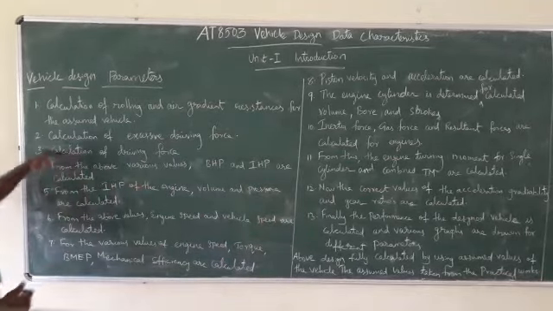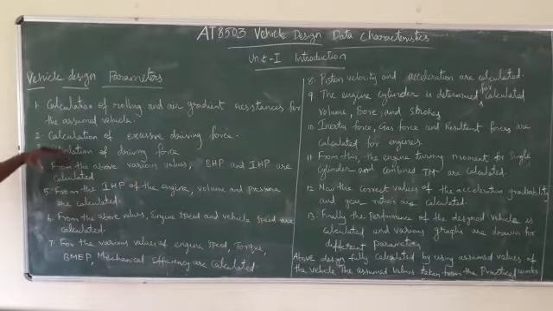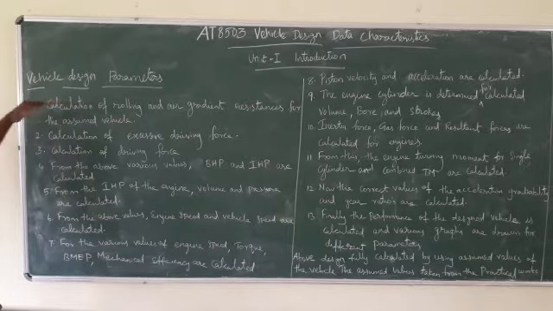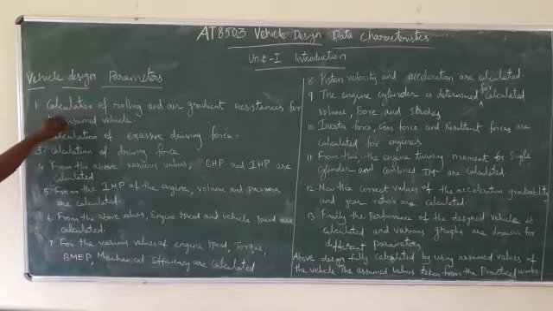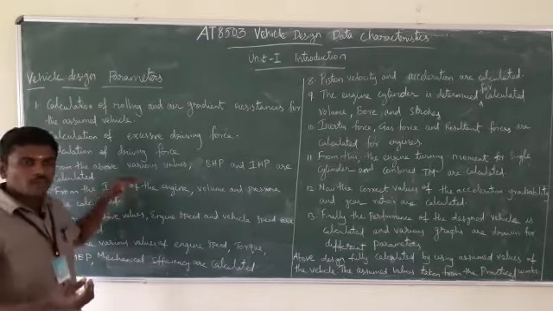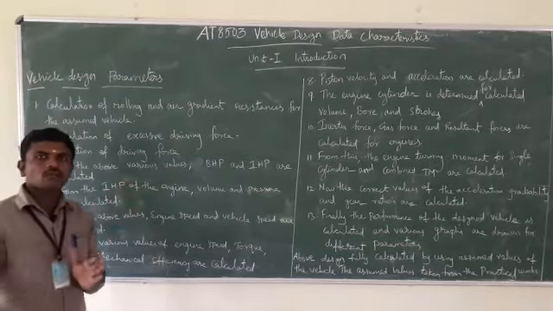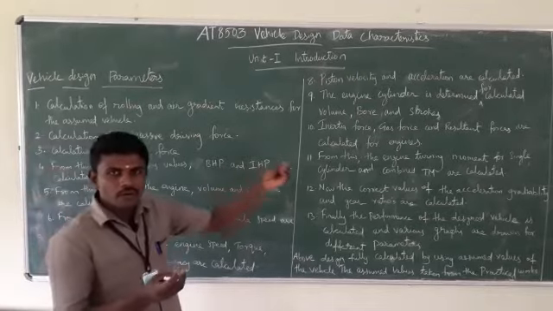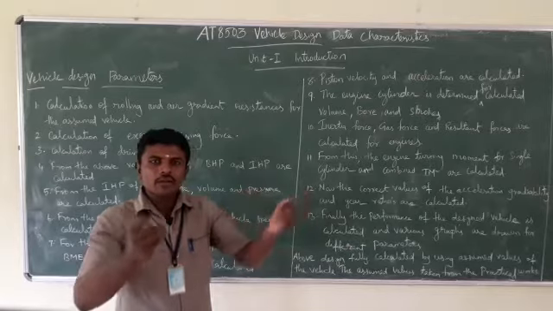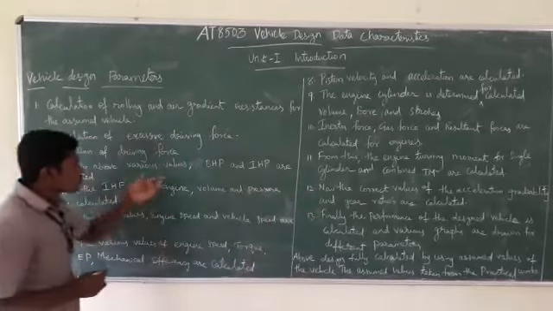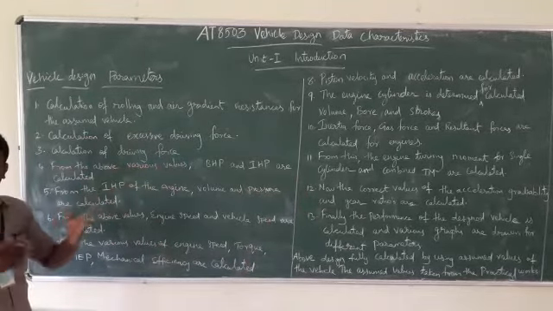Then after finding the rolling force, air gradient resistance, excessive driving force as well as driving force, from these values we will get different values. One set of values will be different, another set will be different. Each criterion will differ. So we will get n number of values.